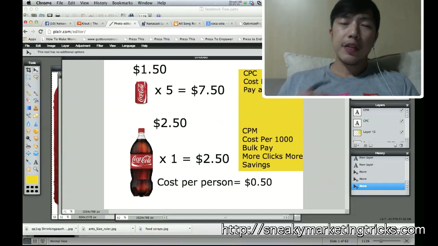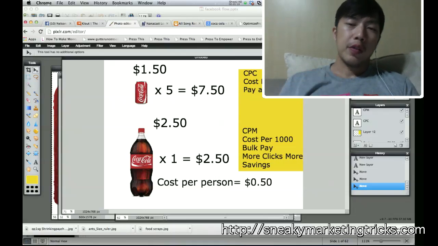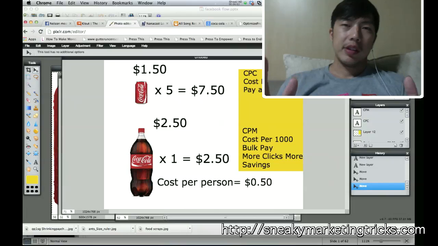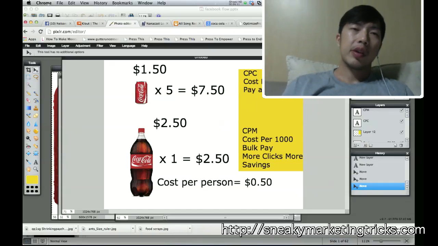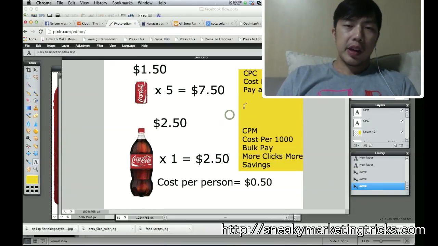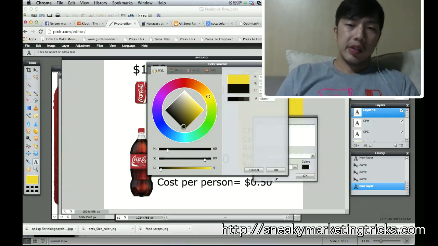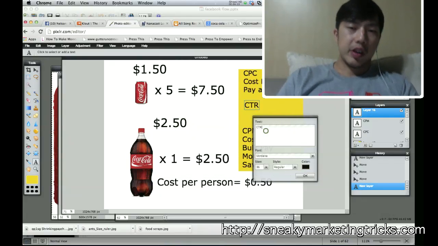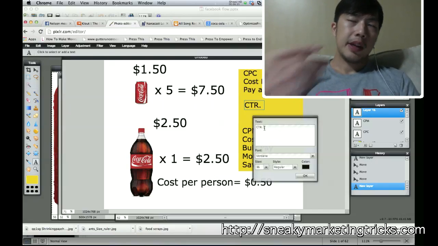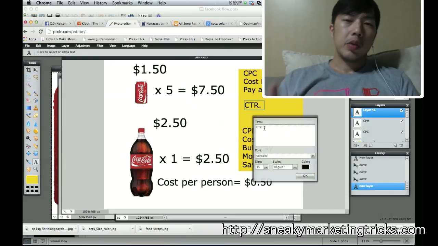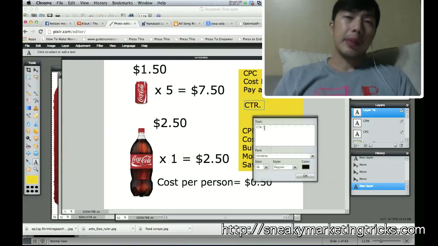But if you buy in bulk and pay a high price but get a lot of clicks, that term is called click-through rate, or CTR for short. If you have a high CTR, even with a high bid and high CPM, you can actually save a lot of money in advertising.